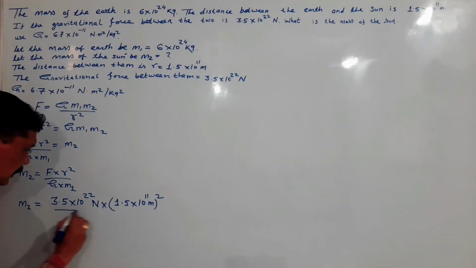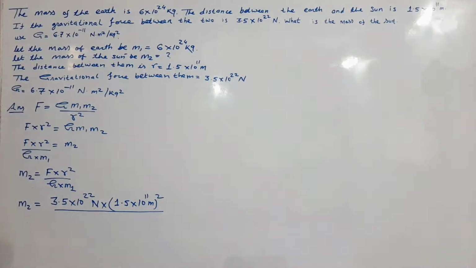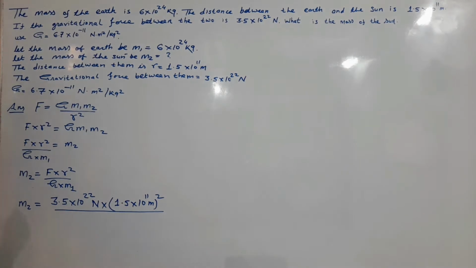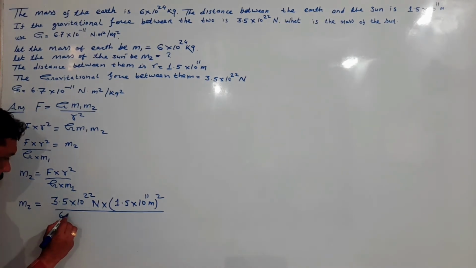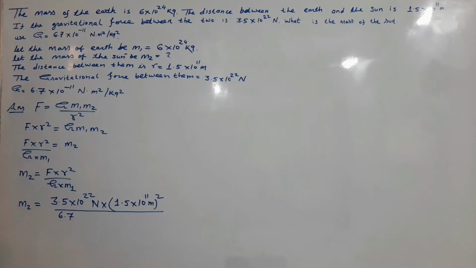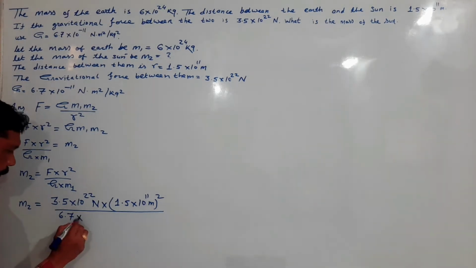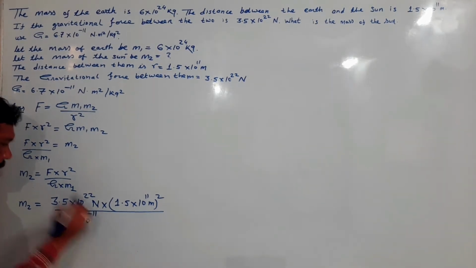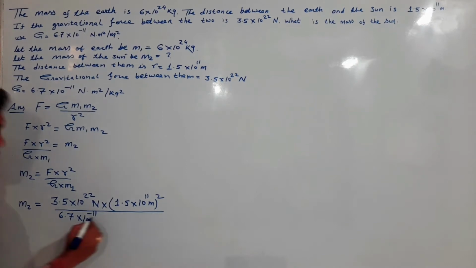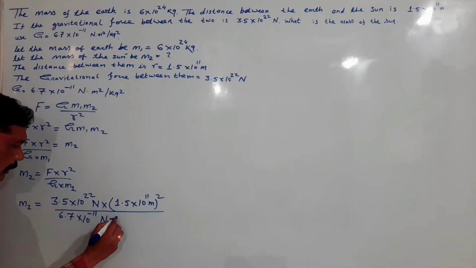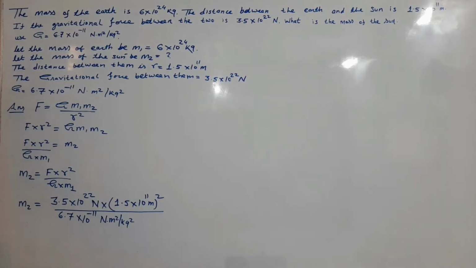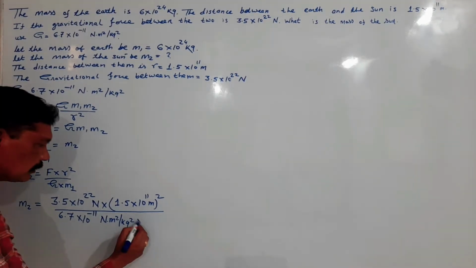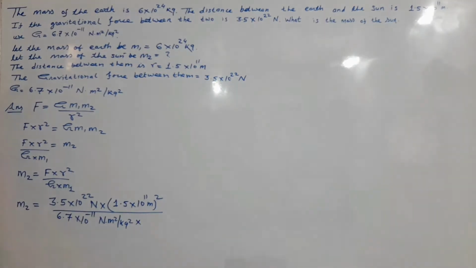My dear student, here the value of G is given and the value of G is 6.7 into 10 to the power minus 11 Newton meter square per kg square and into m1, that is mass of the Earth.